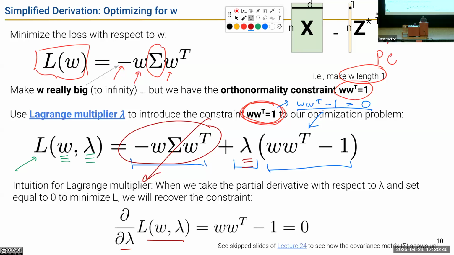There's just this single lambda hanging out on the right here, attached to something that doesn't have any lambdas in it, just like if it were attached to an x and we were taking a partial derivative with respect to x. So if we take that partial derivative with respect to lambda, we just recover our constraint. The optimization just recovers the constraint that we were looking for in the first place. So it's sort of this clever way to include a constraint in our optimization.